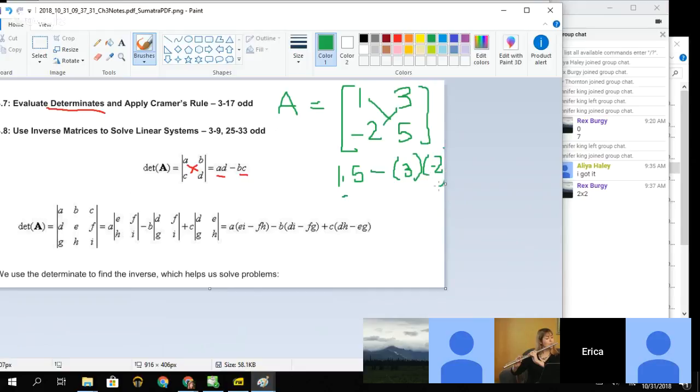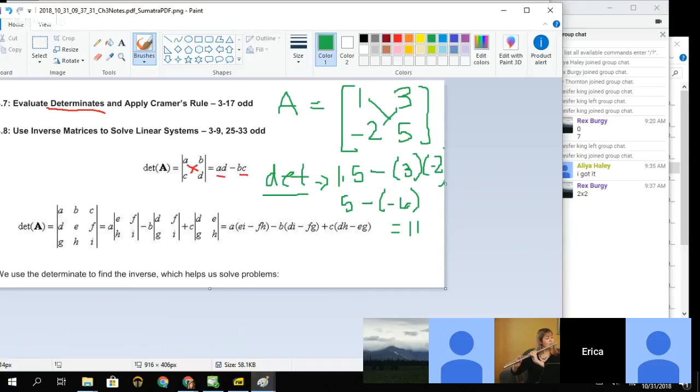So the determinant of this matrix will be 5 minus a -6, or +11. The determinant is a number, it's not a matrix. Okay? So 1 times 5 minus 3 times -2.